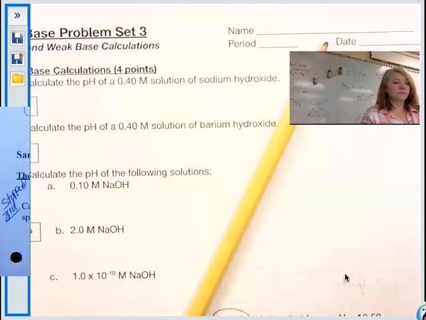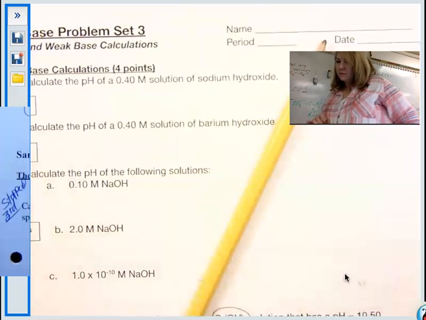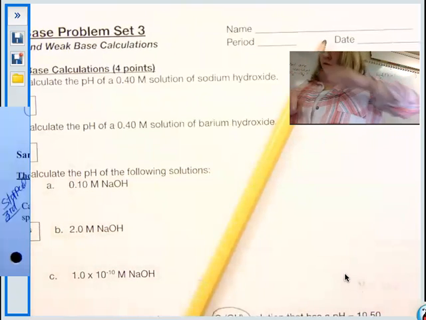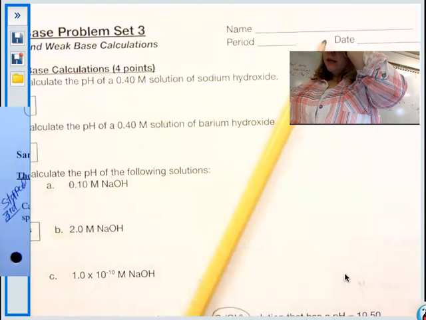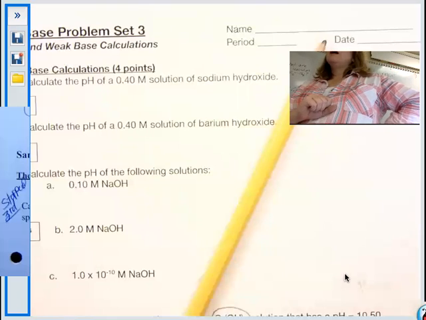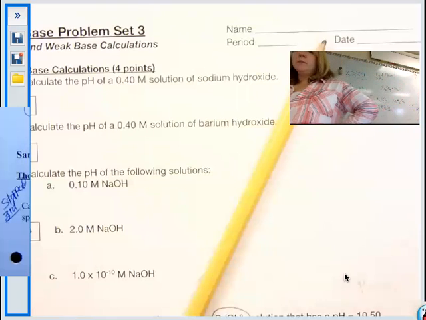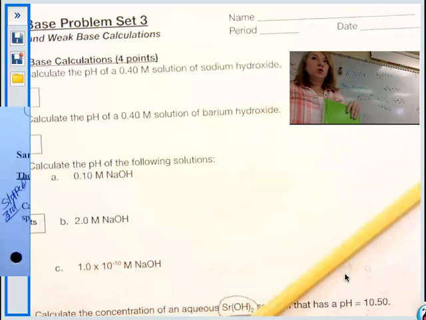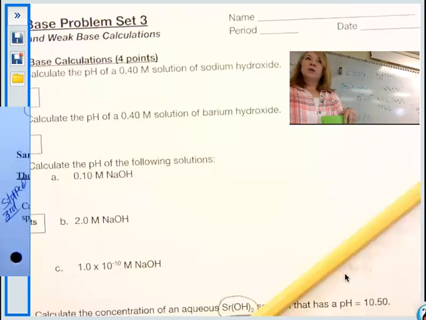Yes, ma'am. So these would be the same because they have the same concentration. Actually, no, they wouldn't, because barium hydroxide has 2 hydroxides in it. So you need to multiply that times 2. Hey guys, on number 2, barium hydroxide is Ba(OH)2. So your concentration of OH wouldn't be 0.4, it would be 0.8. It would be twice as many.